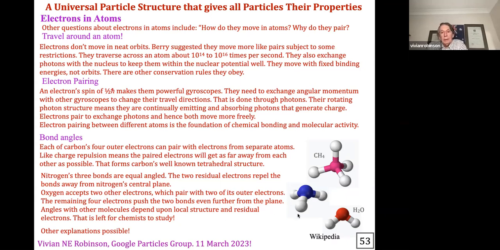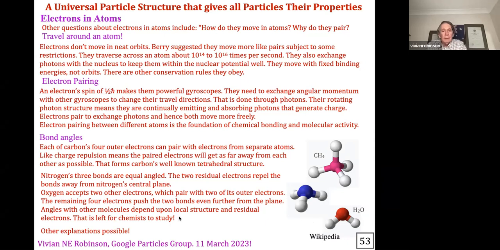With oxygen, just two electrons will pair with two atoms, say two electrons from hydrogen. The bonds would be as far away from each other as possible, so 180 degrees opposite. You have four electrons on the top, and those four then push the bond angles down. I think these are pushed down by about 10 degrees, and these by about 30, 35 degrees, somewhere around there.